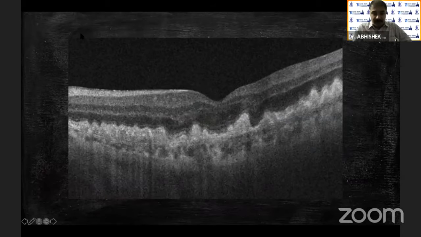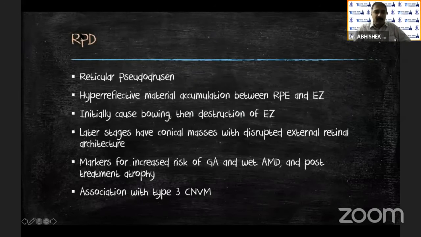What could this be? This is a case of dry AMD, and if you look at the RPE and these conical projections, this is reticular pseudodrusen, as Dr. Unni had said. These are hyperreflective material accumulations between the RPE and the ellipsoid zone.